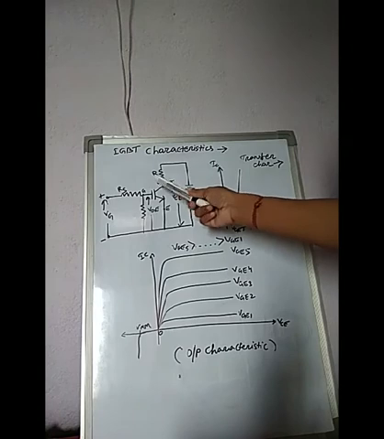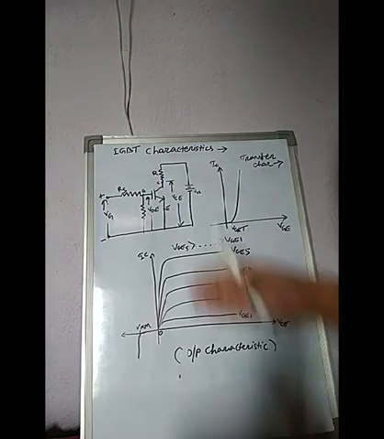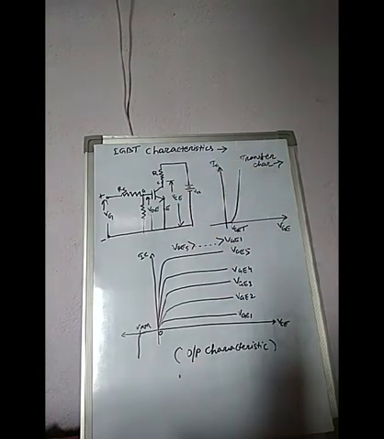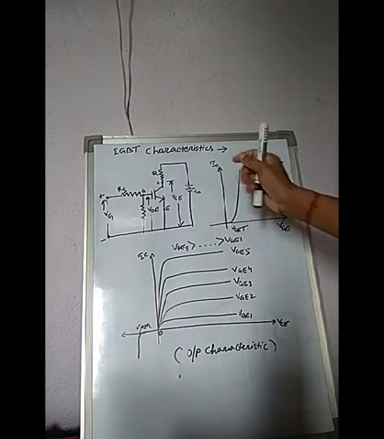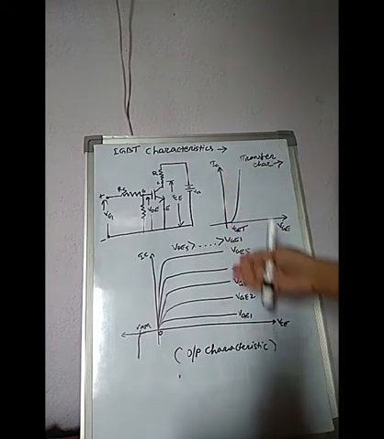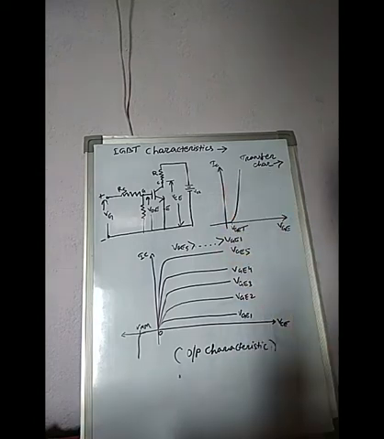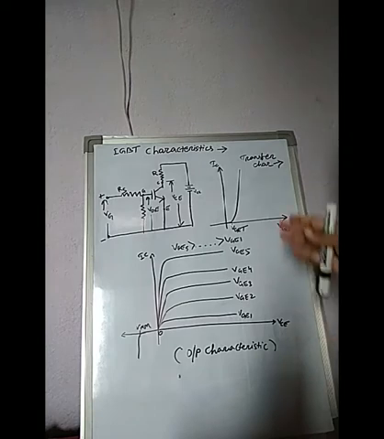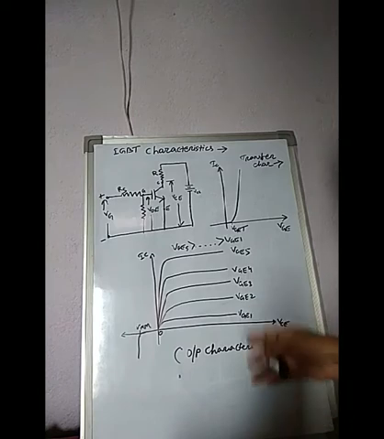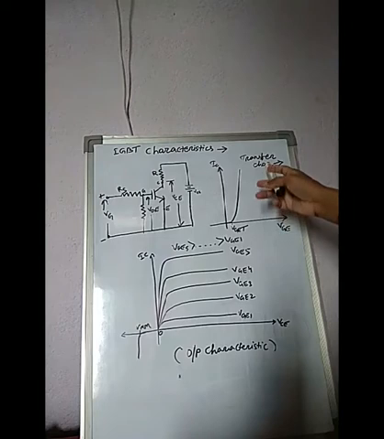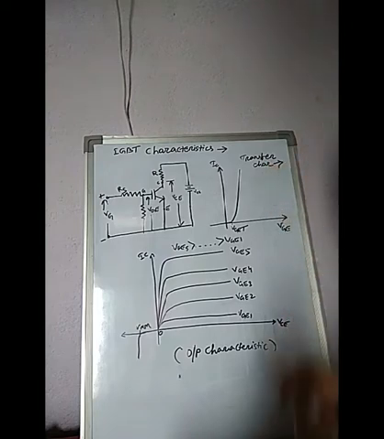We see the characteristics of various parameters like IC versus VGE and IC versus VCE. Under static characteristics, we study the output characteristics and then the transfer characteristics, that is the input characteristics.